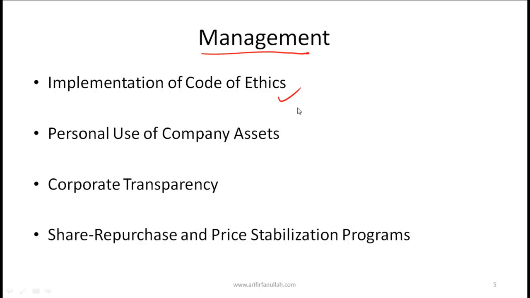So clearly that is important. The next point is for investors to determine whether the company permits board members and management to use company assets for personal reasons. So clearly, if this happens within a company, that is bad from a shareholder perspective.